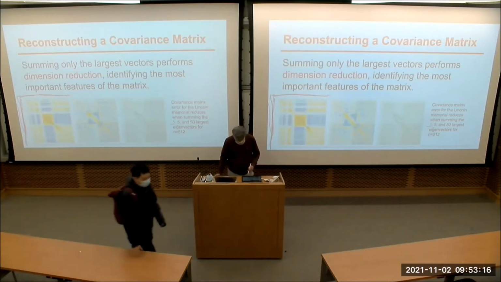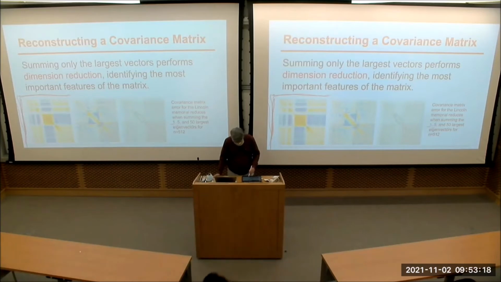So this is an argument that instead of representing an image as a 512 by 512 thing, if we represent the image by a 512 by 50 thing, there is relatively little error in it. We've done the kind of matrix compression that we like, to give us a denser feature representation. Any questions about that?